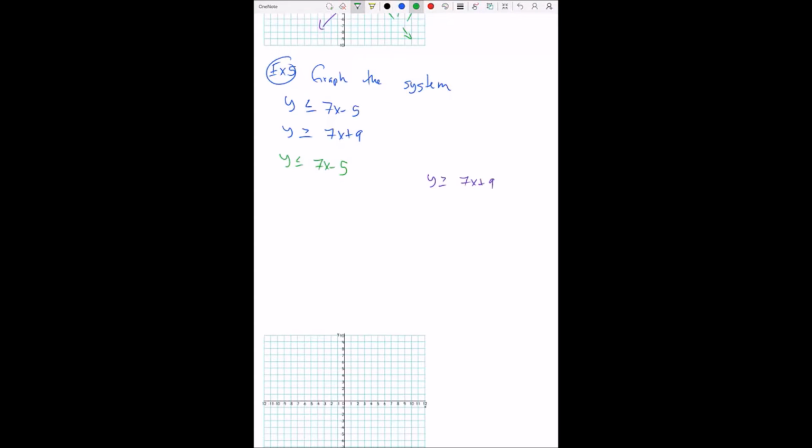So for our green one, our first one of y is less than or equal to 7x minus 5, same thing, we want to figure out our start, which is our y-intercept. It's going to be 0, negative 5. Our slope is 7, so we can go down and left or up and right. We have a solid line, and y is less than x.